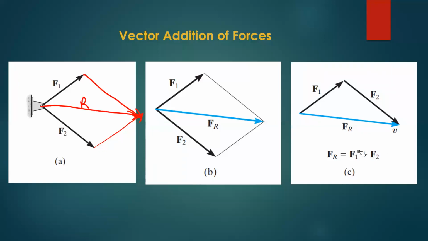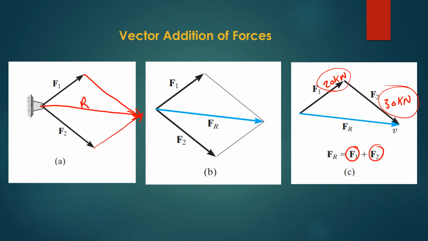When you see F1 plus F2, it doesn't mean that you just have to add the magnitudes. This is where a lot of people get lost. If, for instance, you have 20 kilonewtons this side and 30 kilonewtons this side, finding this resultant vector doesn't necessarily mean that you are going to add 20 plus 30 kilonewtons.